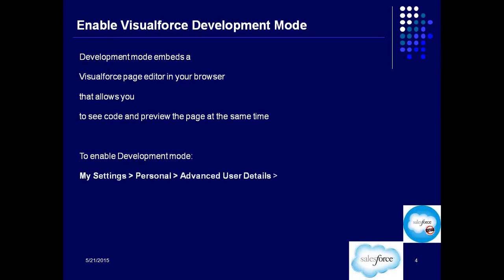So if you're logged in into your developer edition, all that you have to do is go to My Settings, go to Personal, Advanced User Details, click on the Edit button there, select the Development Mode checkbox and then click on Save. That's all we have to do, right?